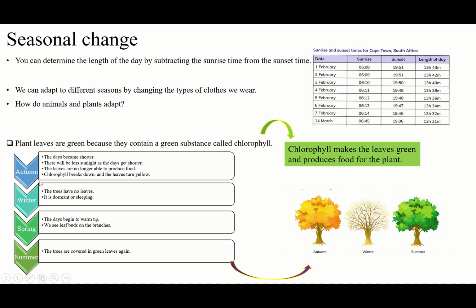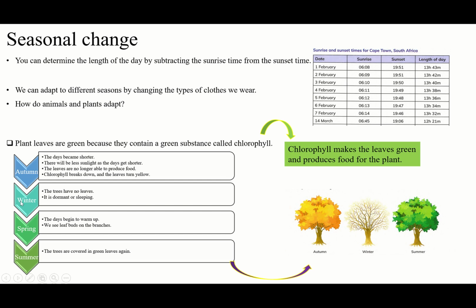And what's going to happen in autumn when the chlorophyll dies? The green color of the leaves is going to change to yellow or brown or red or orange. So chlorophyll breaks down in autumn and the leaves turn yellow. So that was about autumn.